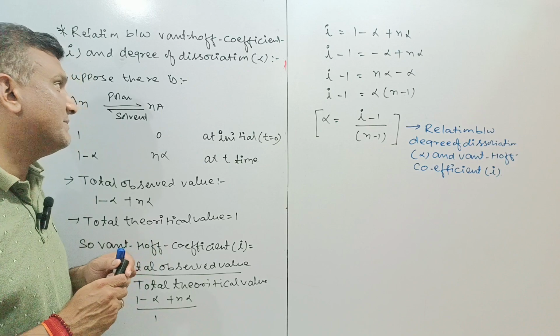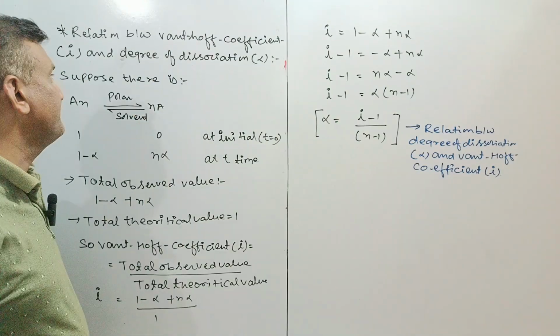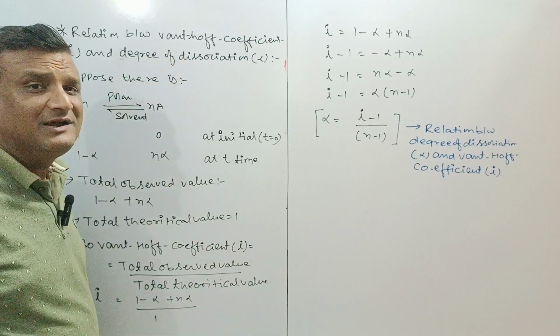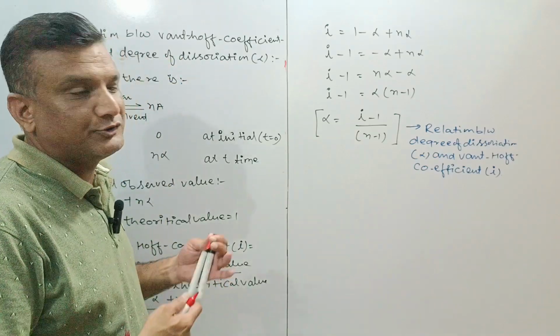This was about the relation between degree of dissociation and Vant-Hoff coefficient i. Now the time to discuss another important topic, that is the relation between Vant-Hoff coefficient and degree of association.